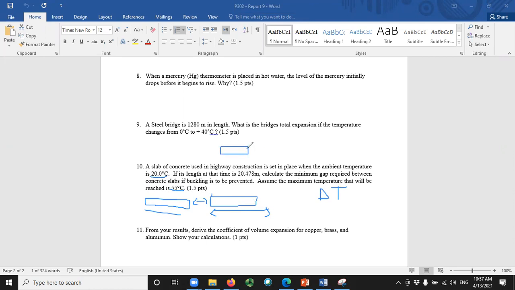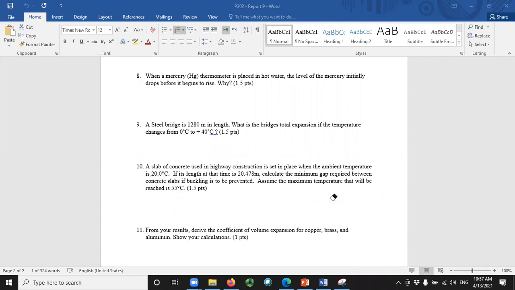To not obtain cracks or break the road on the highway, we need to have a gap between the slabs, because the slab will expand. So calculate the gap between the two consecutive slabs.